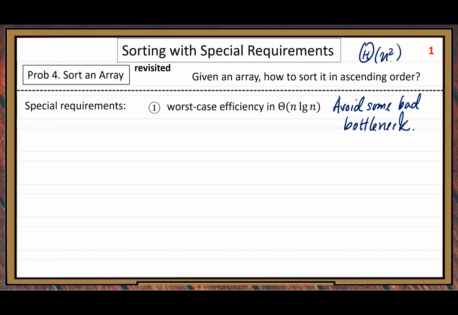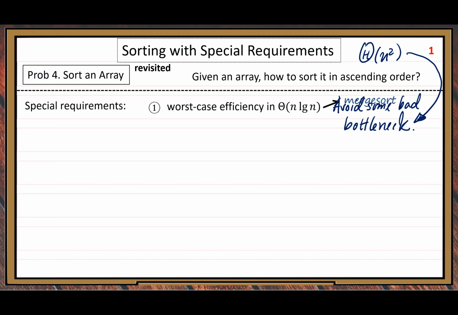That will be very slow. So we treat that kind of efficiency as the bottleneck. We want to avoid that kind of bottleneck. Here we just imagine some business requires that. Some business does not rely on this kind of bottleneck. So that's the first requirement.